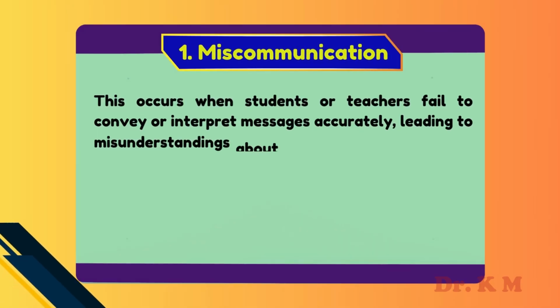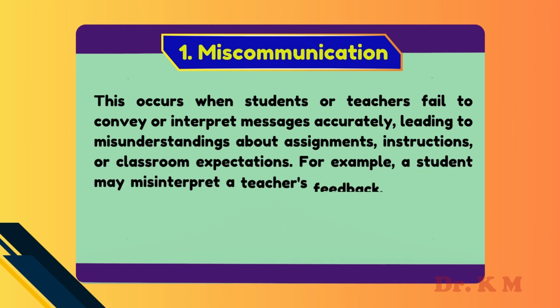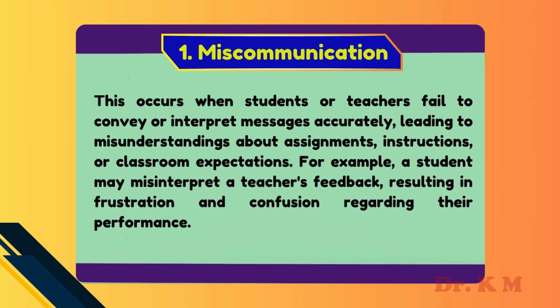1. Miscommunication. This occurs when students or teachers fail to convey or interpret messages accurately, leading to misunderstandings about assignments, instructions, or classroom expectations. For example, a student may misinterpret a teacher's feedback, resulting in frustration and confusion regarding their performance. 2.